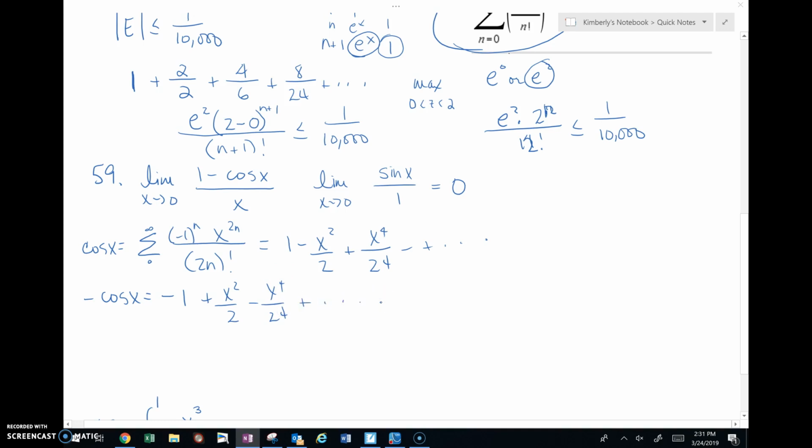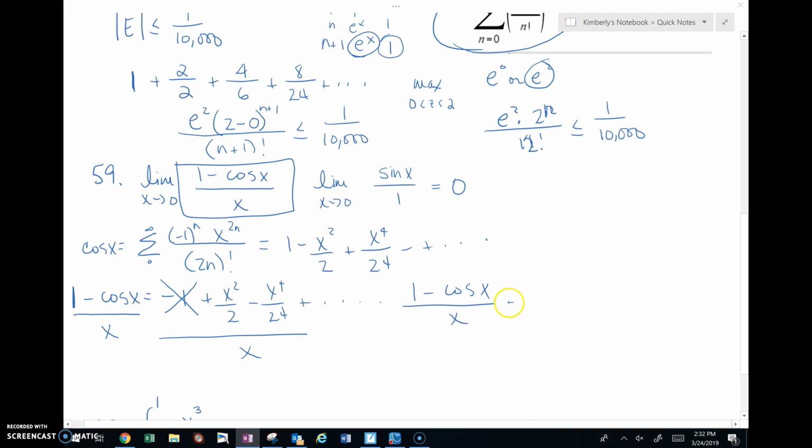And then adding 1 to both sides. So again, that's my goal here. I've got negative cosine, and when I add 1 to both sides, it knocks out that term. So now when I take all of this and divide both sides by x, then 1 minus the cosine of x over x, just looking at a few terms here, will give me x over 2 minus x cubed over 24 plus dot, dot, dot.